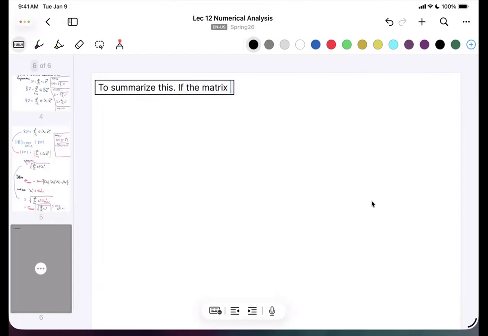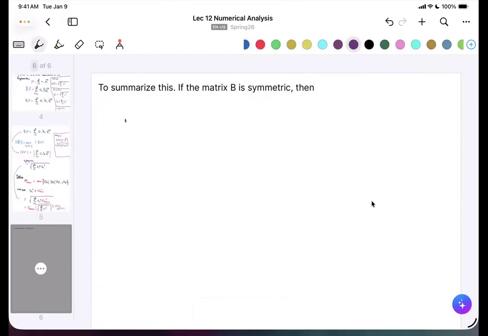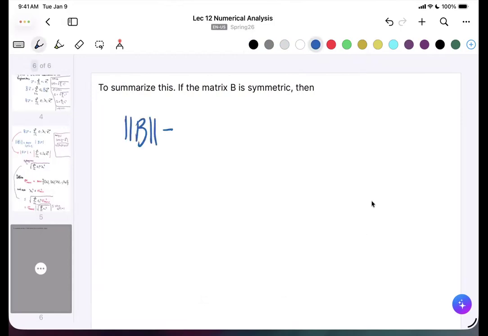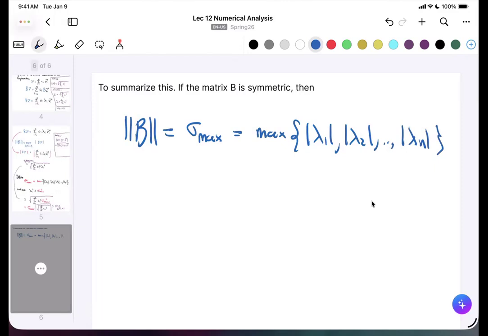If the matrix B is symmetric, then its matrix norm coincides with what I'm calling sigma max, which is the maximum of the eigenvalues of the matrix in absolute value.